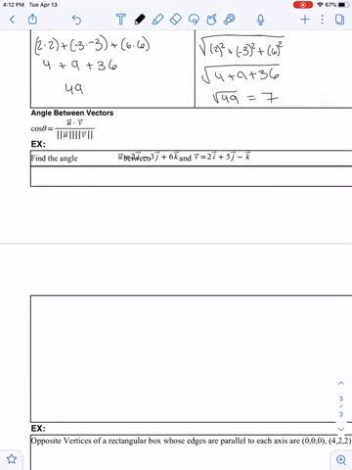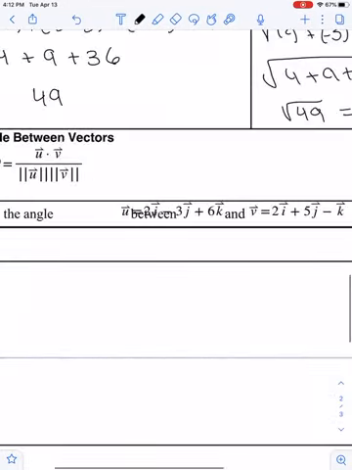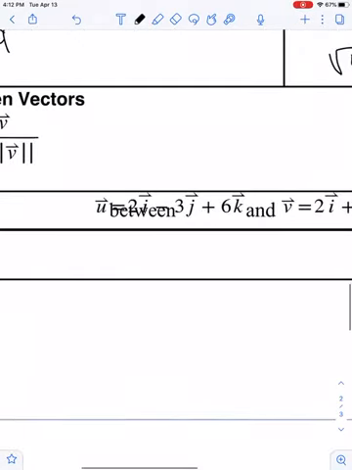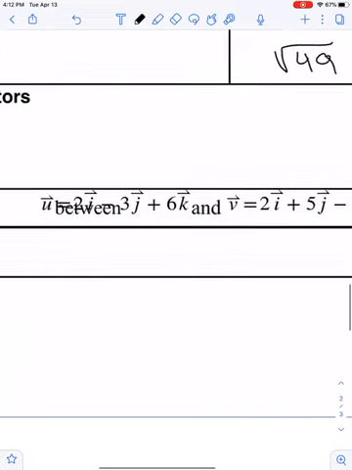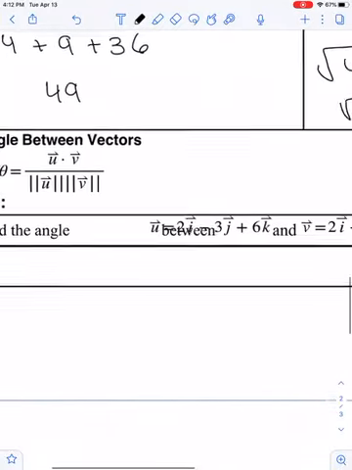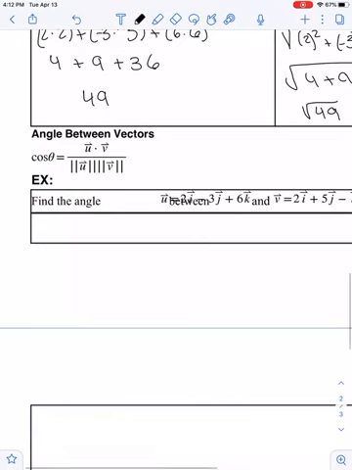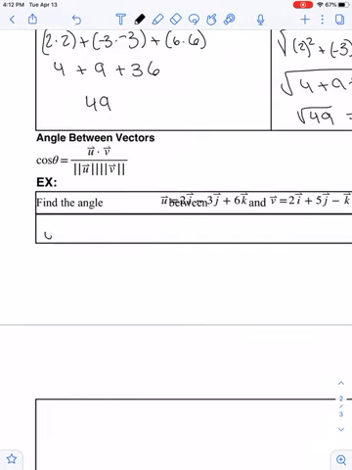Lastly, we're going to find the angle between the vectors, and here we're trying to find the angle between u, which is 2i minus 3j plus 6k, and then v is 2i plus 5j minus k. So our first step is going to be to find what the dot product of u and v is.